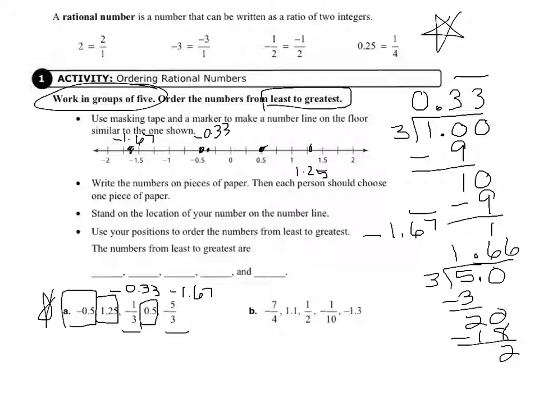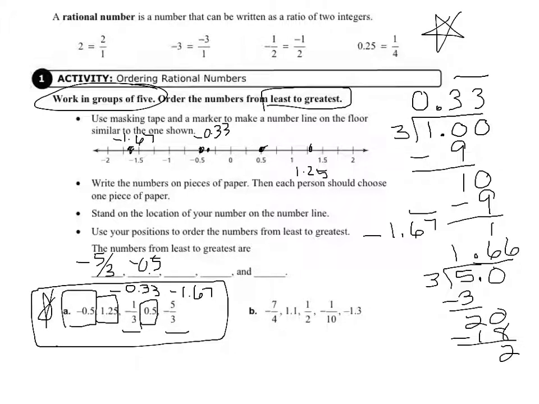So to write these, I want to put them all back into the original form that the book gave me. So I want to put them back in the question form. So to put them from least to greatest, negative 1.67 was negative 5/3. And then the second least was negative 0.5.